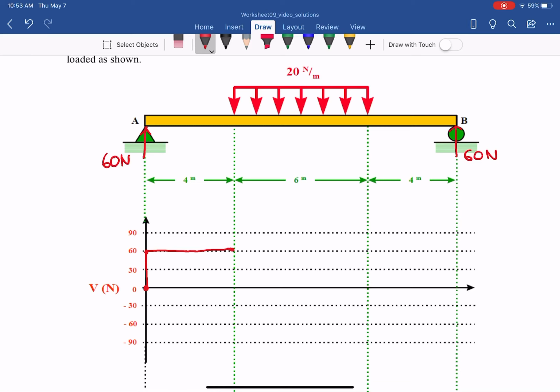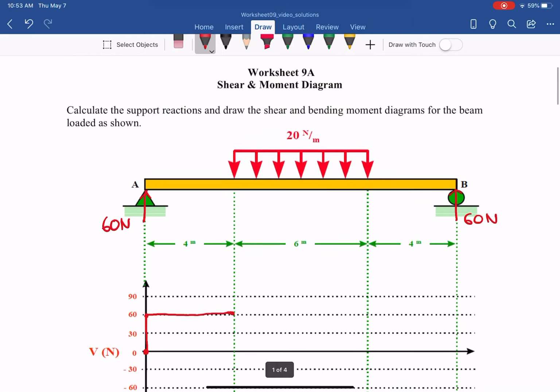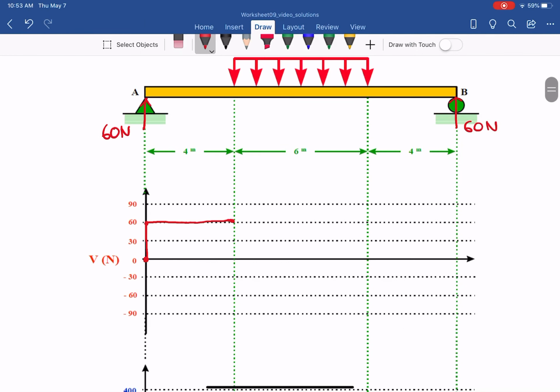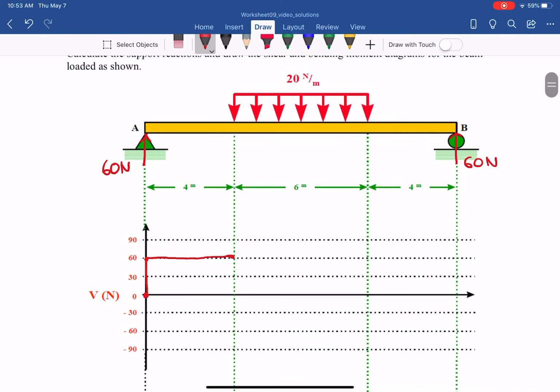And now the change between this point 4 meters from left to 10 meters from left, which is the 6 meters under the uniform distributed load of 20 Newton per meter. You can see that the area here is negative 120 Newton for the area under the distributed load. That equals the change in the shear diagram, and in this case negative, so it will go down.